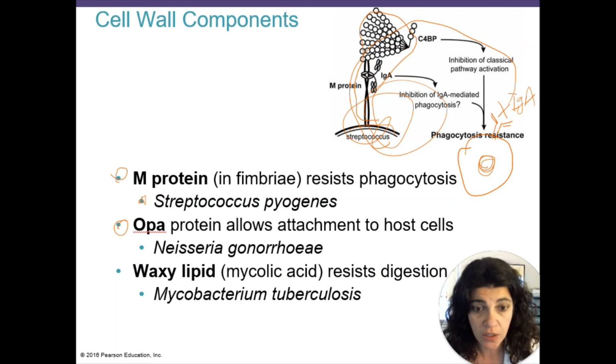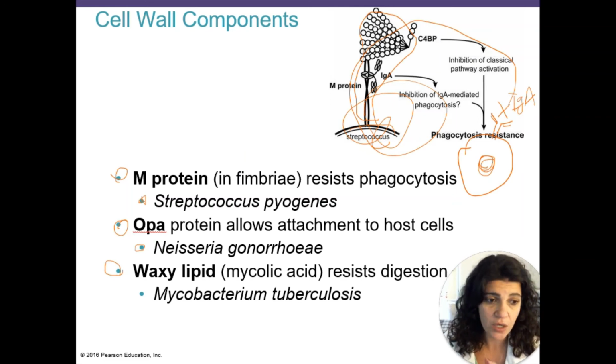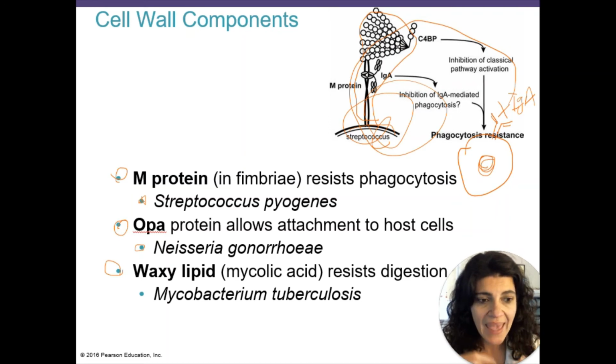Neisseria gonorrhoeae, which causes gonorrhea, has Opa proteins. Wax lipids are another type of cell wall component, which is the mycolic acid, present in Mycobacterium tuberculosis and Nocardia, that gives that wet soap kind of feeling to the cell.